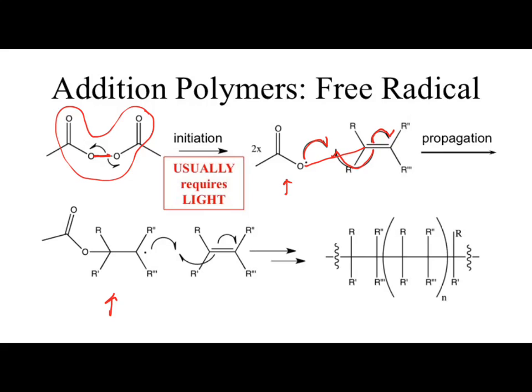Because we still have a radical, it can now react with another alkene monomer, and we get the reaction continuing, so on and so forth. Okay? Until eventually what happens is we run out of radicals and the reaction ceases. Typically what would happen in the experiment is we'd say the rate at which this occurs, after 5 minutes, all of my chain lengths are on average 500 atoms.